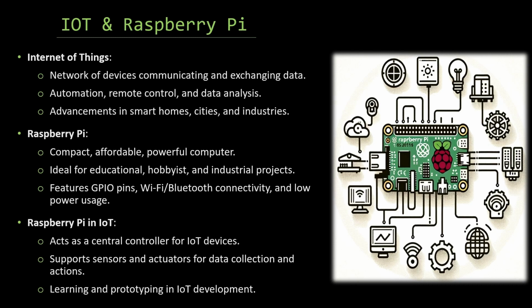Different Raspberry Pis come with different GPIO pins. For example, Raspberry Pi 3 and 4 come with a 40 pin configuration. This lets the Raspberry Pi be a central controller for IoT devices. This opens the wings to learn and develop prototypes in the world of IoT.